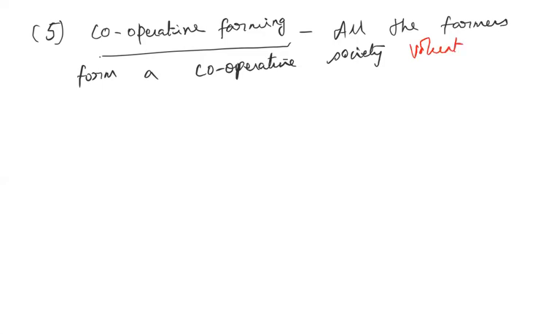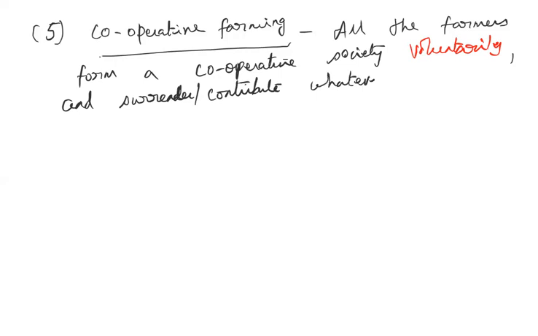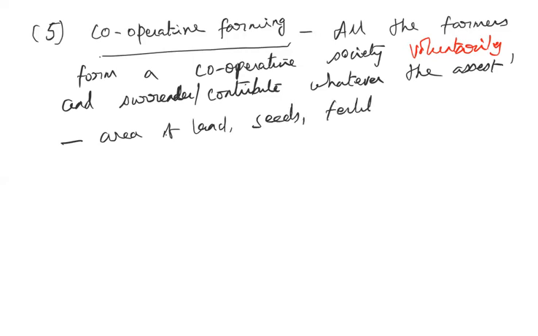It's run on a democratic principle, voluntarily, and they surrender or contribute whatever assets they are having. Assets in the sense of whatever area of land they are having, seeds, fertilizers, whatever mechanization, etc. Whatever assets they are having, they surrender to the society, and all of them join together and cultivate the land as one big area.